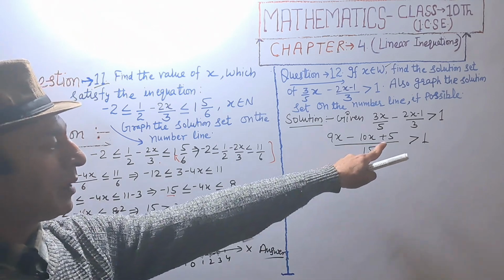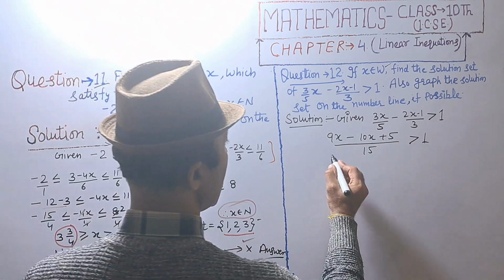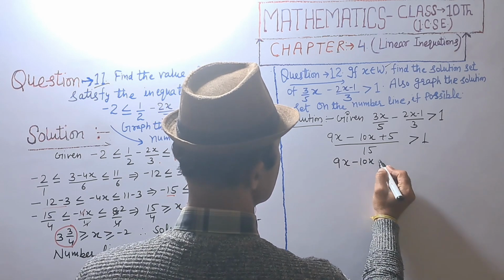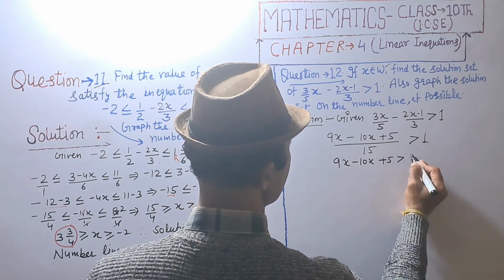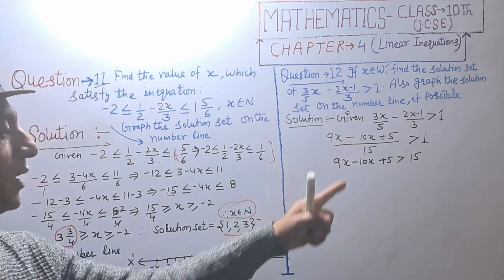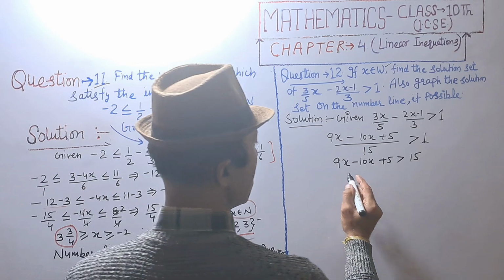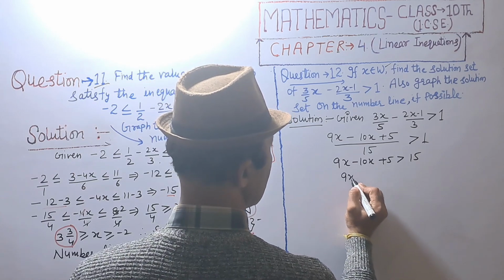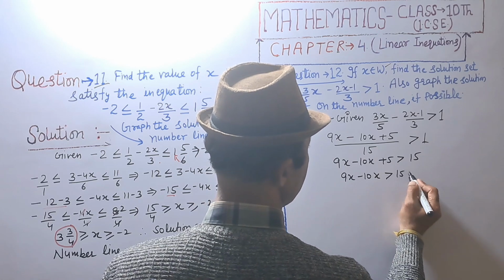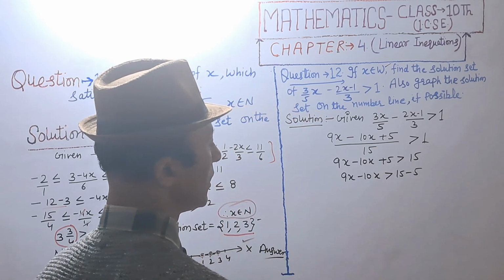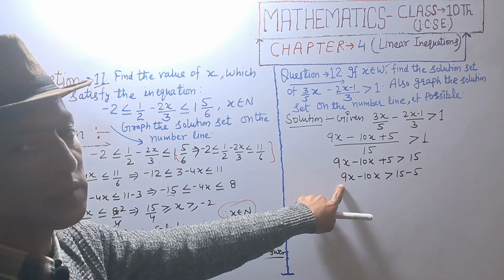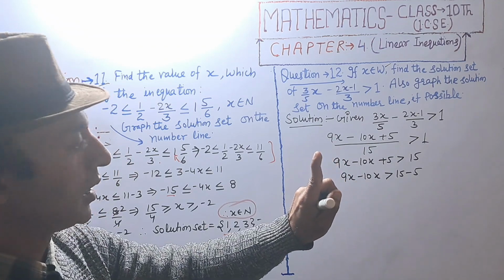So 15 multiplied by 1 gives 9x − 10x + 5 > 15. Shifting 5 to the right side it becomes negative, so 15 − 5. So we get -10x + 9x is equal to -x.